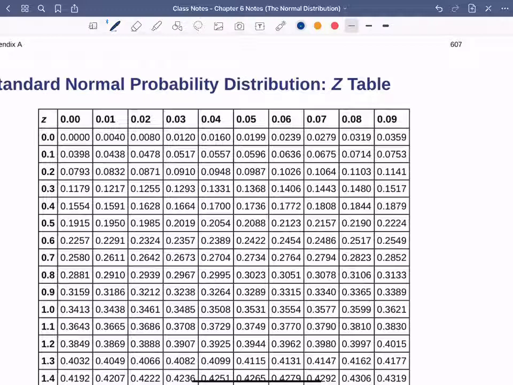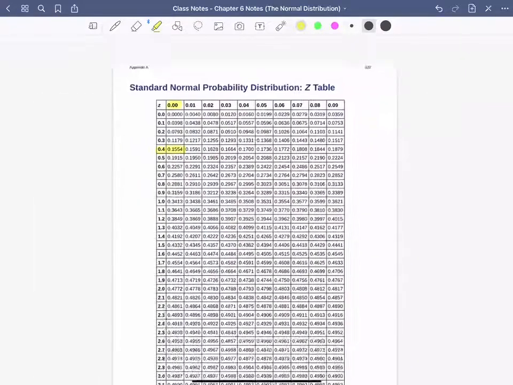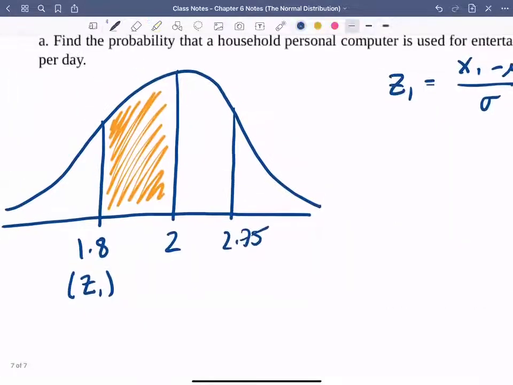So we need 0.40 is what we're looking for. So here's 0.4 and 0, and we are right here. So 0.1554. So this value right here is 0.1554.